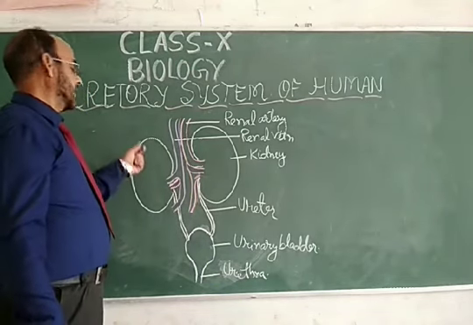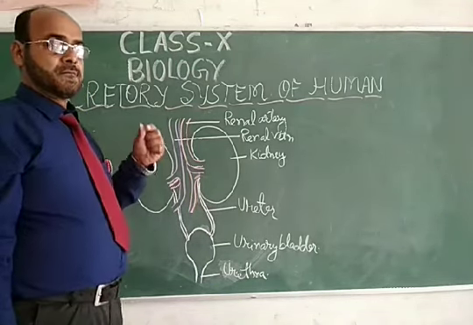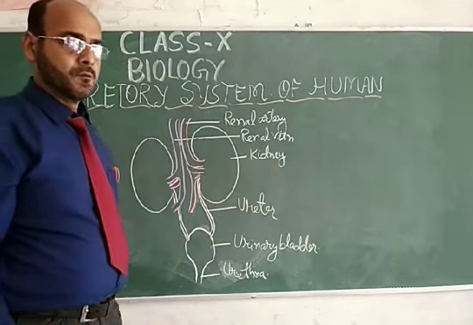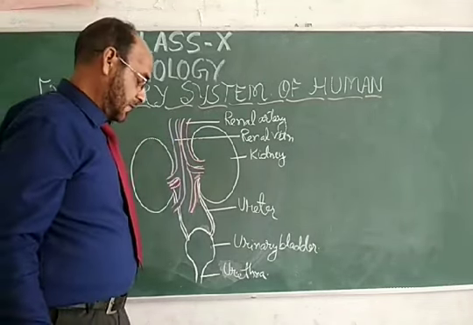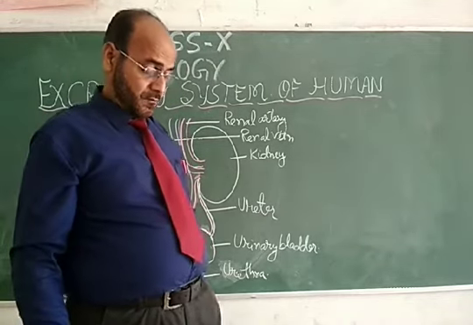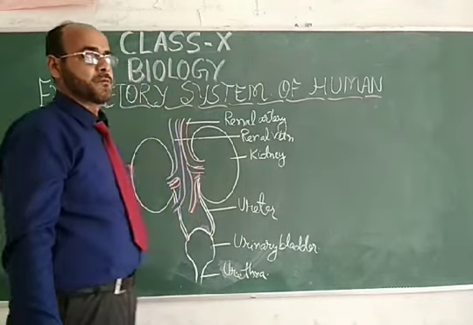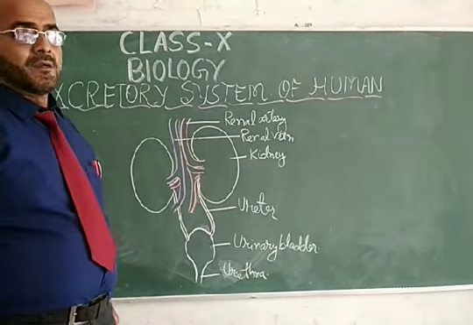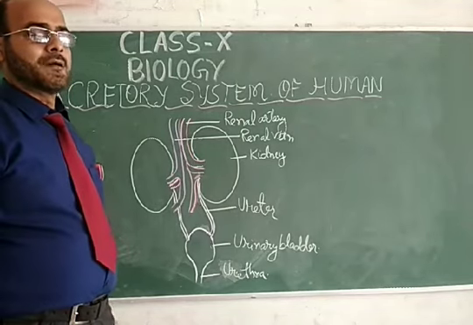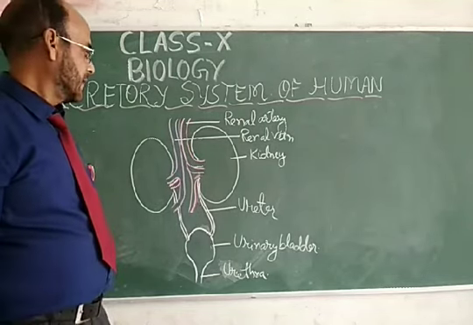So, my dear students, as you know about the waste material that has to be excreted from the human body, the excreted materials are carbon dioxide, excess water, and nitrogenous waste, which are produced due to the metabolic activities of the human body as well as the breakdown of protein molecules inside the body.